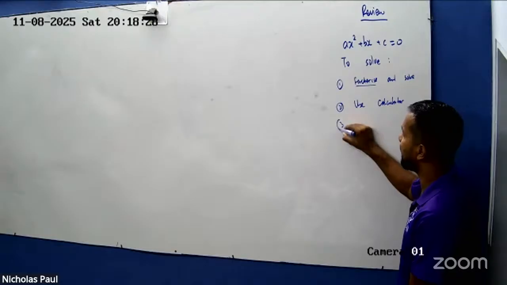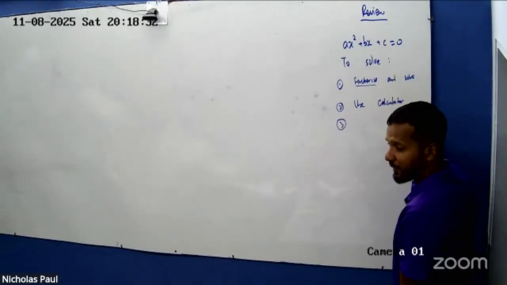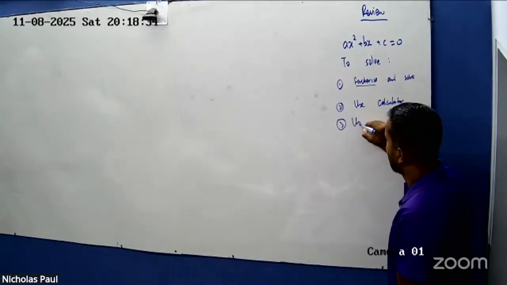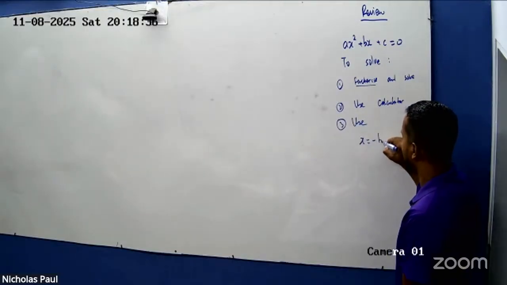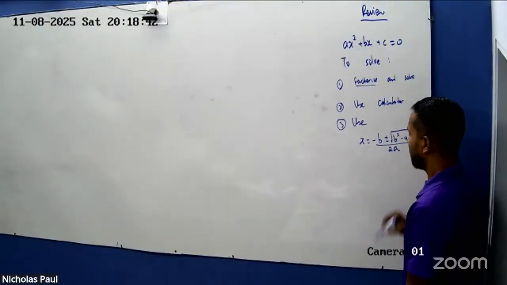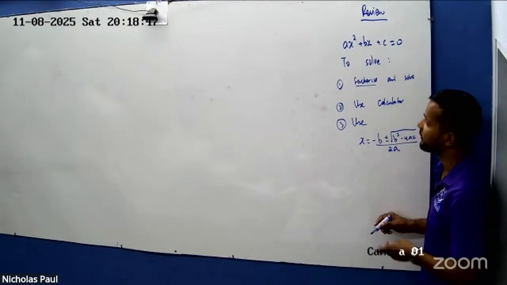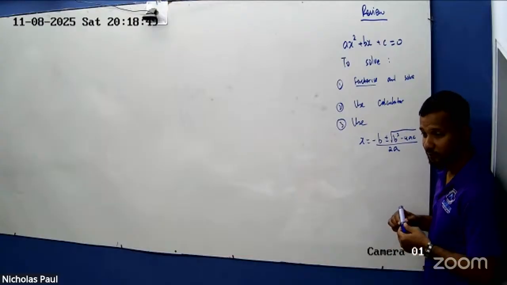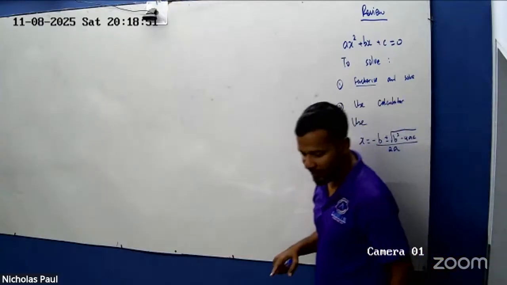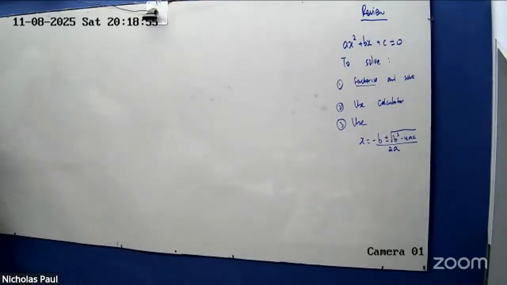And number three, if you can't factorize and you don't have a calculator, you're going to use x is equal to the long quadratic formula. These are three options. So we are going to try to solve quadratics. We're going to give you an indices type question, and you're going to have to convert it into a quadratic and solve using one of those.